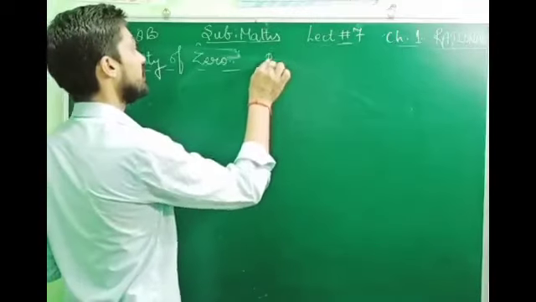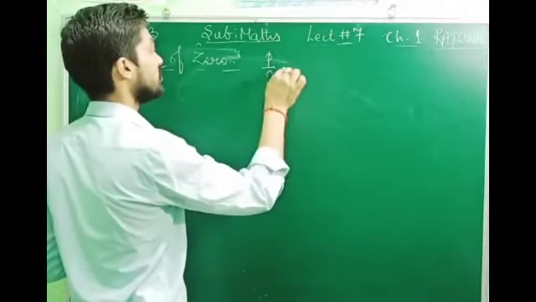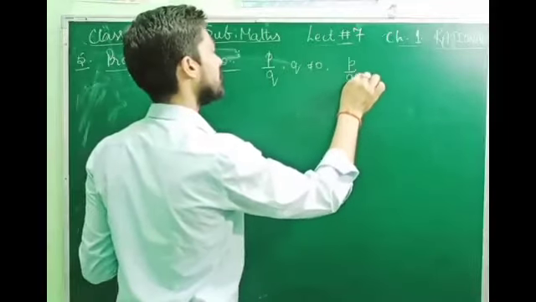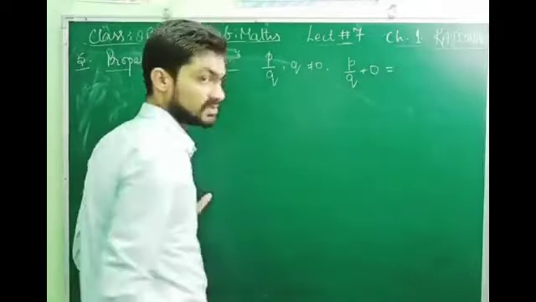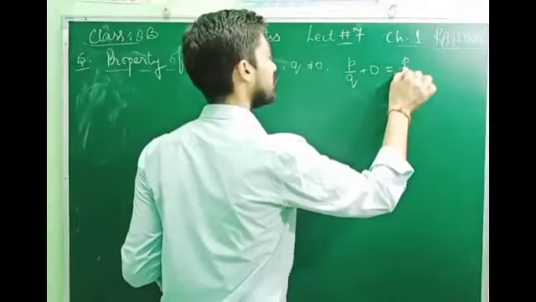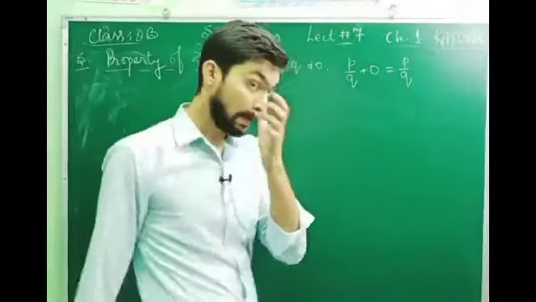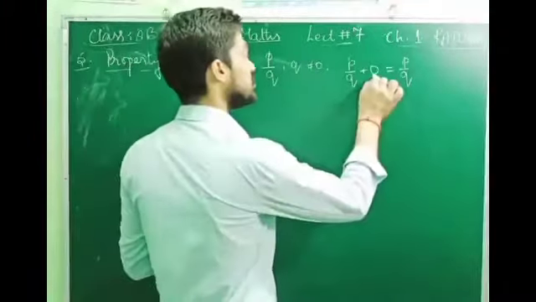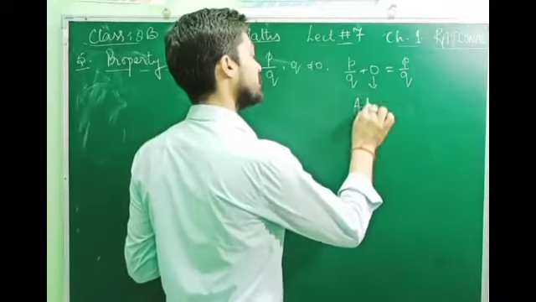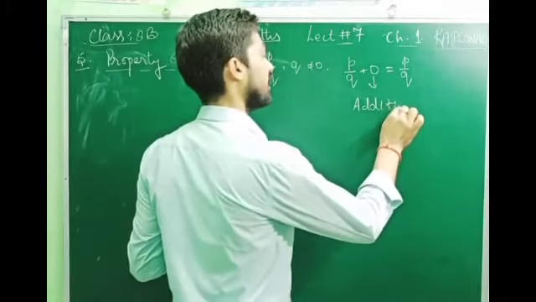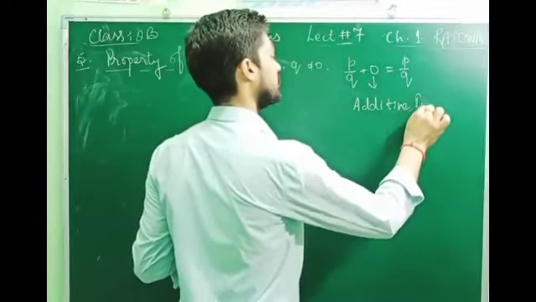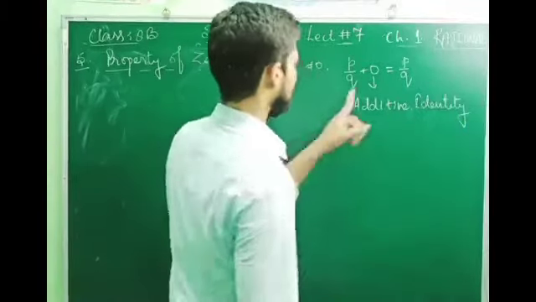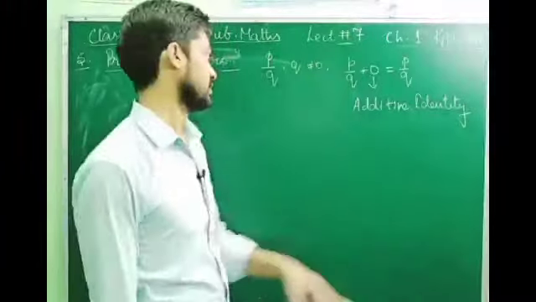This means if P by Q is a rational number where Q is not zero, and we add 0 to P by Q, what will be our answer? P by Q. Correct? Does 0 have any name? Yes. 0 is called the additive identity. I hope you are understanding. 0 is called the additive identity.